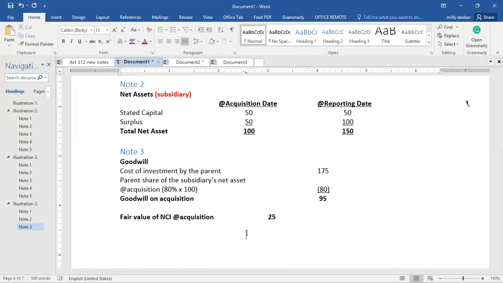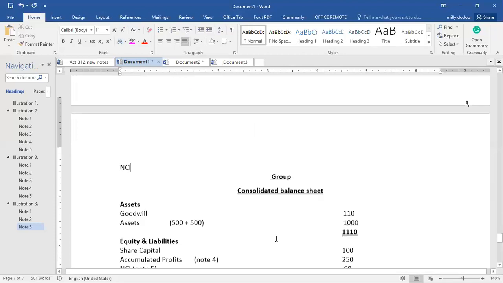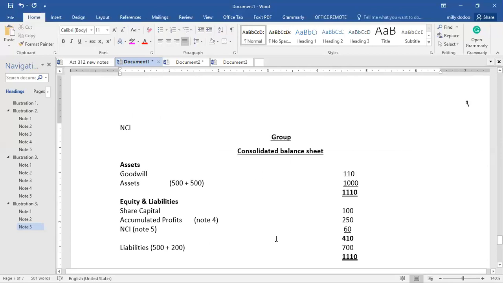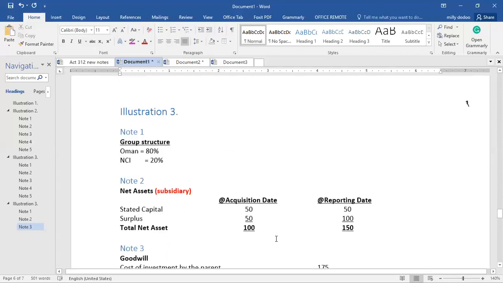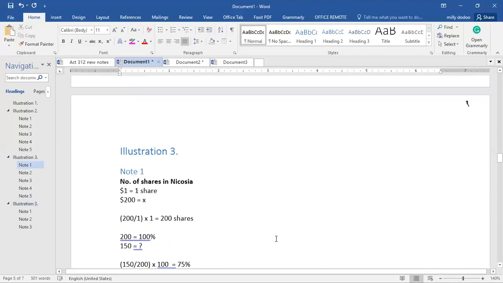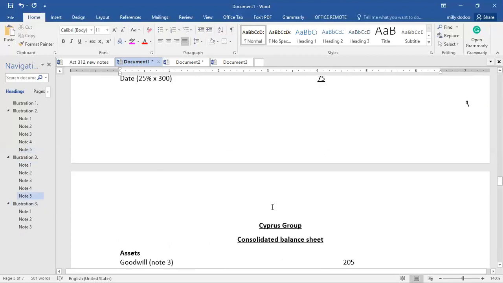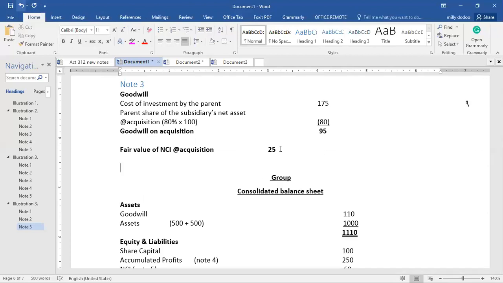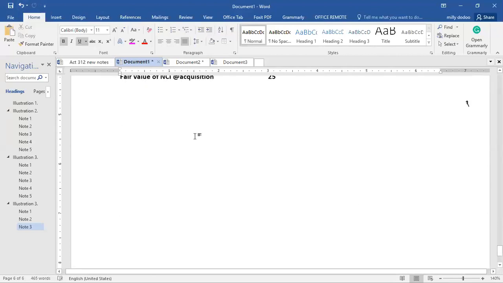Then you look out for the NCI percentage of net assets at acquisition.